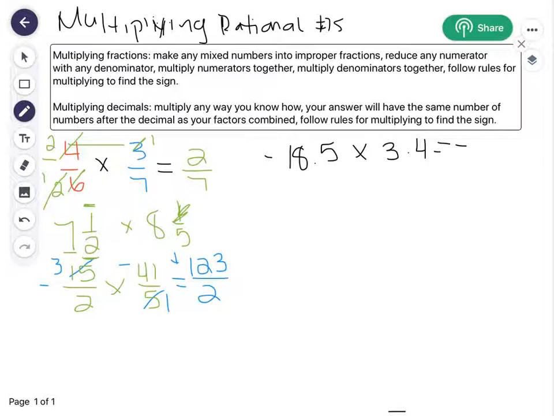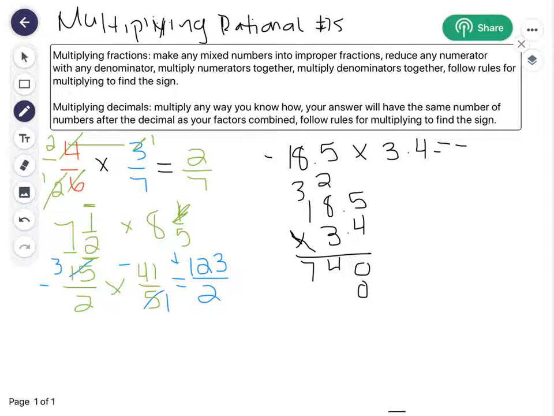So the way that I multiply is by stacking. So 18.5 and 3.4 multiplied. All right, 4 times 5 is 20. Put a 2 up there. 4 times 8 is 32 plus 2 is 34. And 4 times 1 is 4 plus 3 is 7.